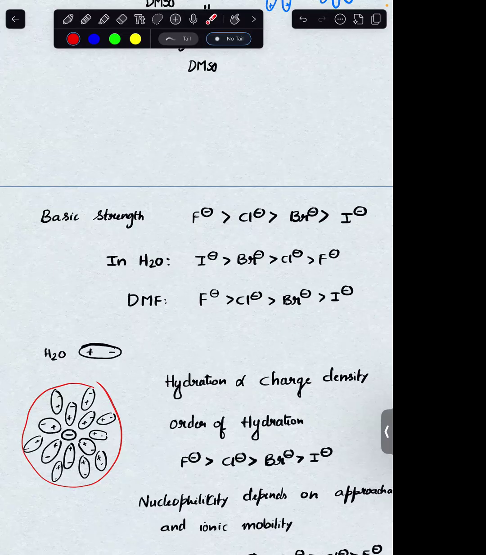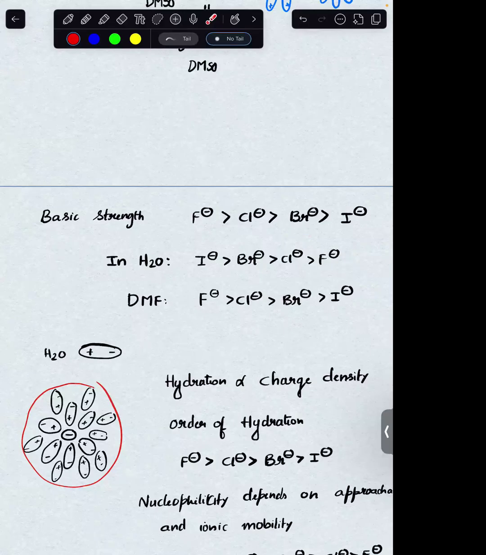So there will be some orientation problem. If you have a bulkier molecule, its reactivity as a nucleophile is going to decrease. So once F minus is solvated to the highest extent in the polar protic solvent, it becomes the weakest nucleophile in the polar protic solvent. So the order of nucleophilic strength becomes I minus greater than Br minus greater than Cl minus greater than F minus.